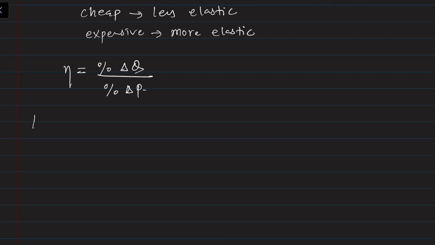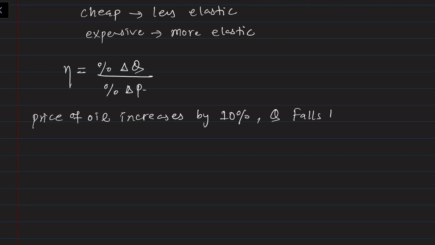Let's say the price of oil increases by 10%, and over a period of several years the quantity demanded falls by 5%.